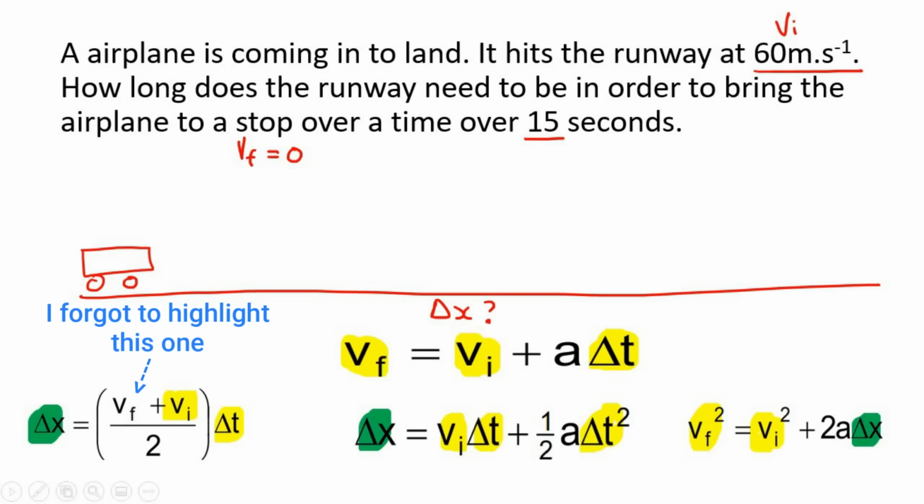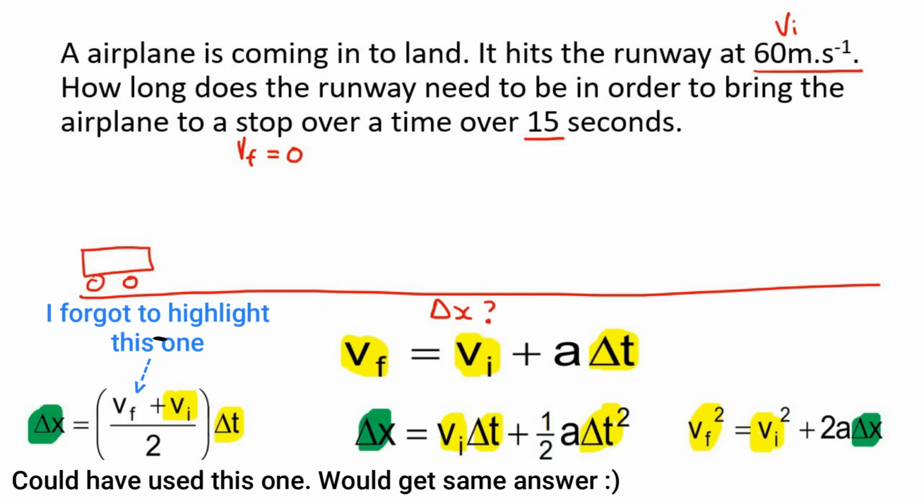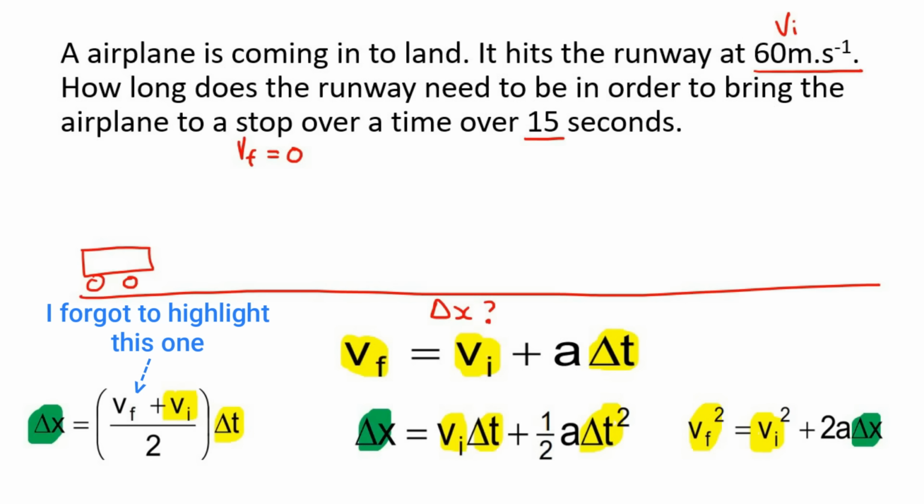Now, if you look carefully, you'll see that there is no formula that has everything available to us. Can you see that? There is no formula that has everything highlighted. So what do we do? Do we just abandon the question? No, I told you in the beginning of this lesson, sometimes we're going to need to use 2 formulas. So for example, this formula looks quite nice. The reason I say so is we're trying to find this one, and all that's missing is what's missing, guys?